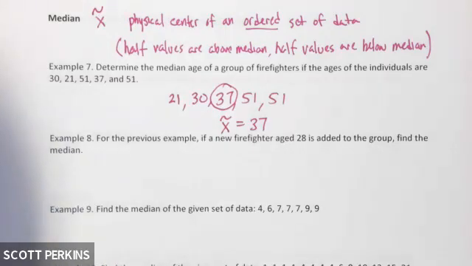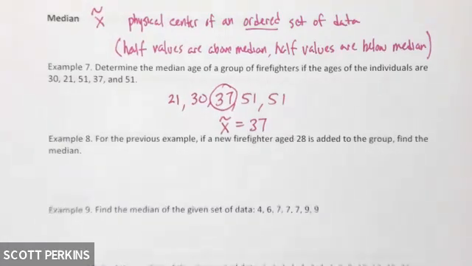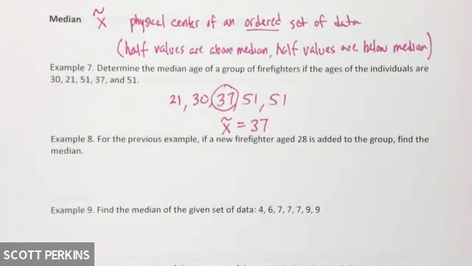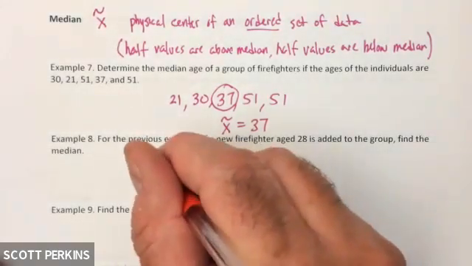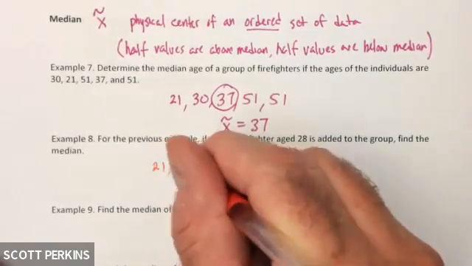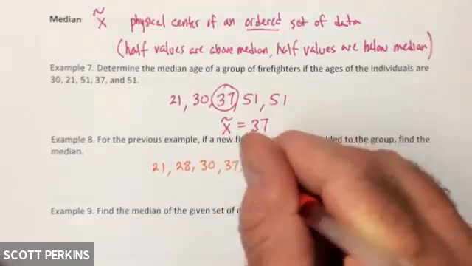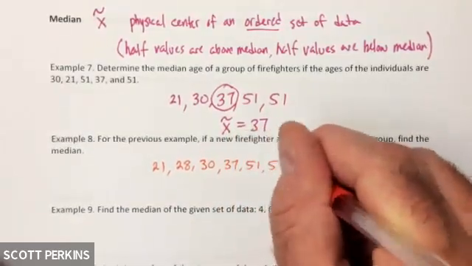We're going to redo that problem in example 8, and I'm going to say, okay, if a new firefighter aged 28 is added to the group, what's the median now? Fantastic, so let's list out our values. Now I've got 21, the new person 28, then 30, then 37, and then 51 and 51.